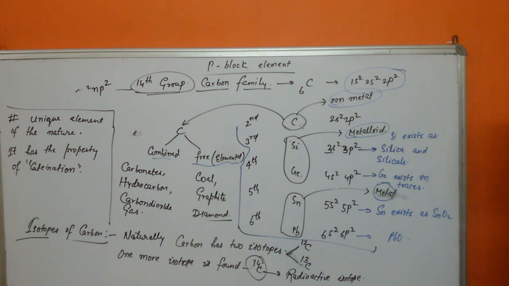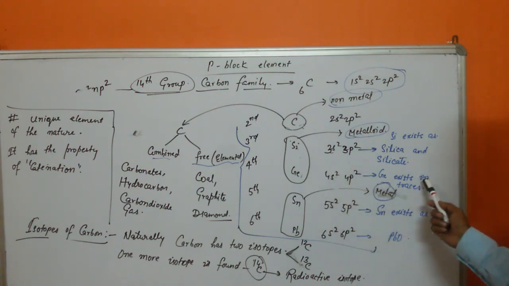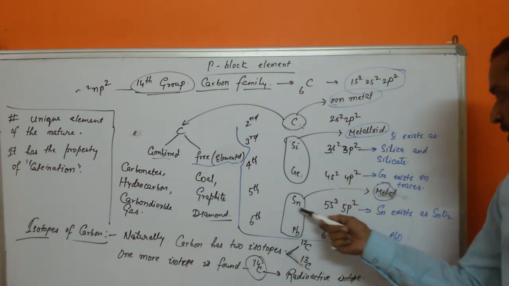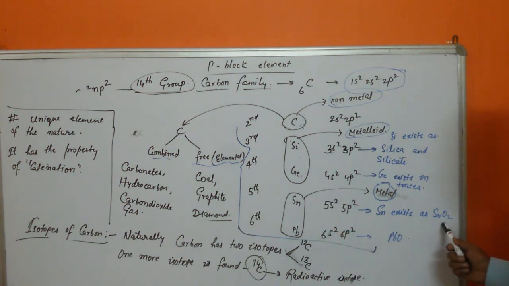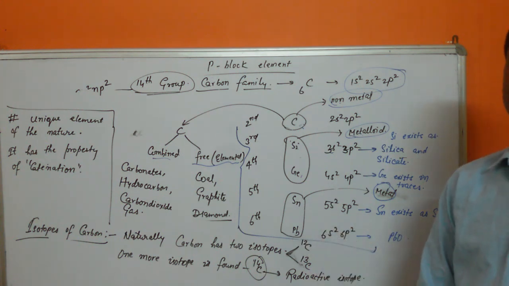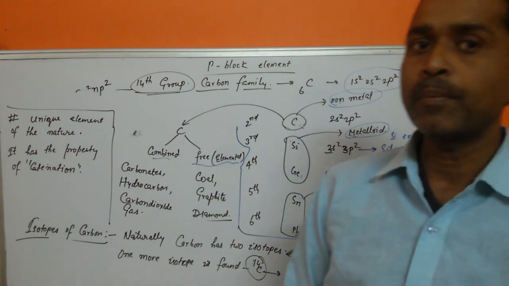Now, silicon exists as silica or silicate, whereas germanium exists in traces, tin exists as SnO2 and Pb exists as lead oxide, PbO.